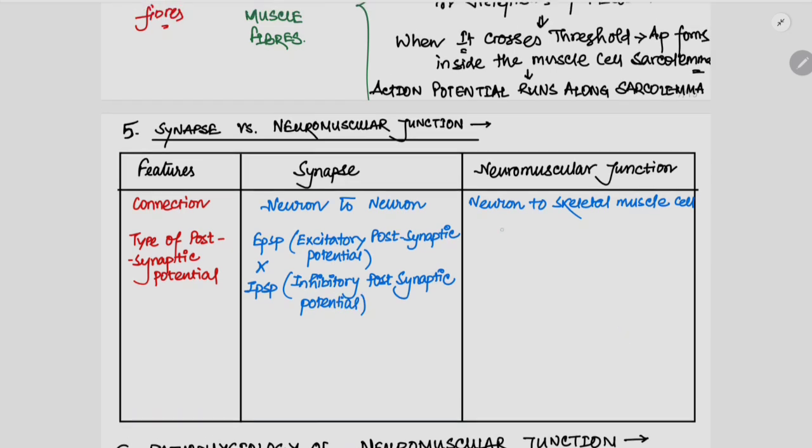Whereas in neuromuscular junction, it is always excitatory, which means it is always EPSP.